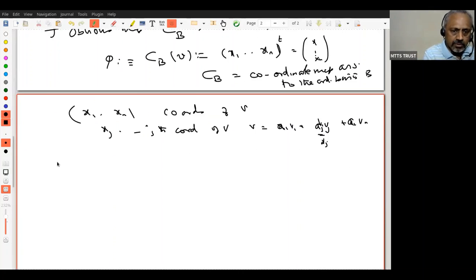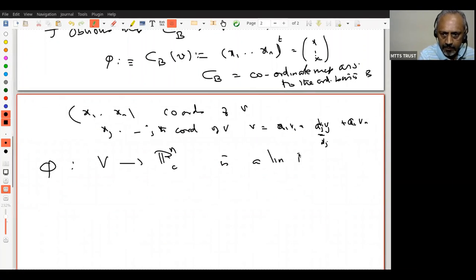So I want to say that this phi from V to R^n, or C^n, if you write it as a row vector, is a linear isomorphism. So this is an example of a linear isomorphism. In particular, any finite dimensional vector space will be isomorphic to R^n, if n is the dimension of V. That's what we are proving.